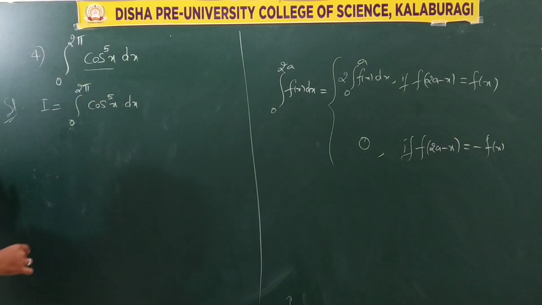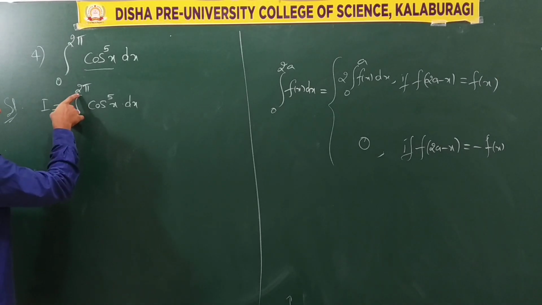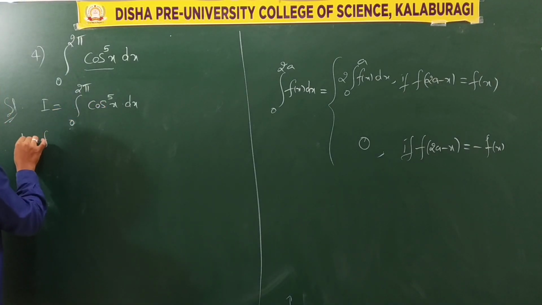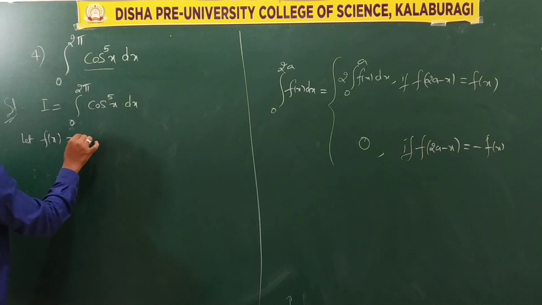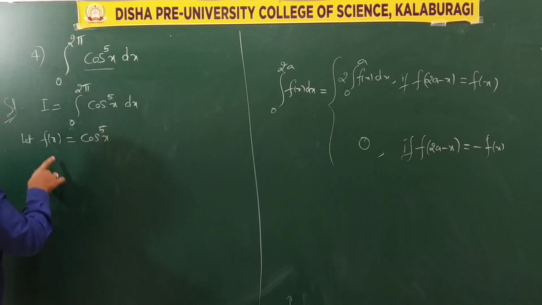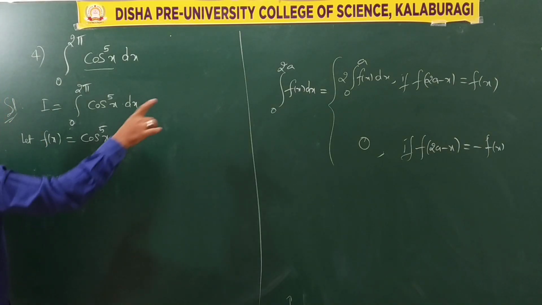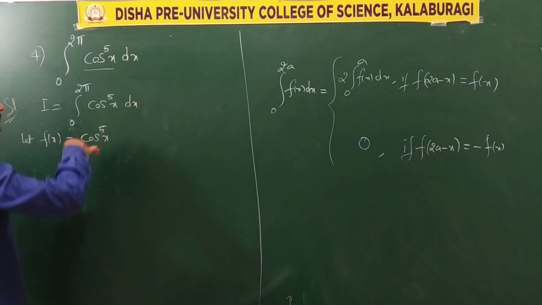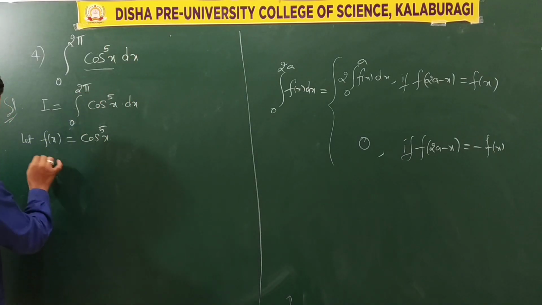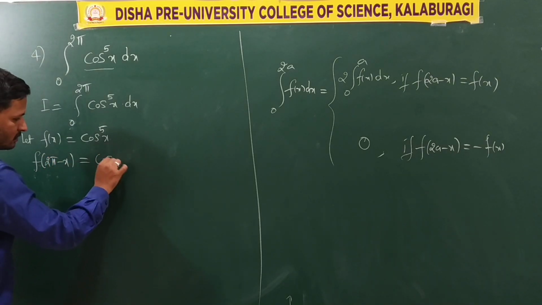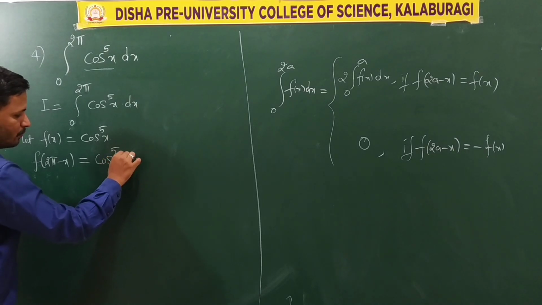Let f of x be equal to cos to the power 5x. Now f of 2a minus x, let us see which possibility comes. 2a is here 2 pi, so f of 2 pi minus x is equal to cos raised to 5 of 2 pi minus x.